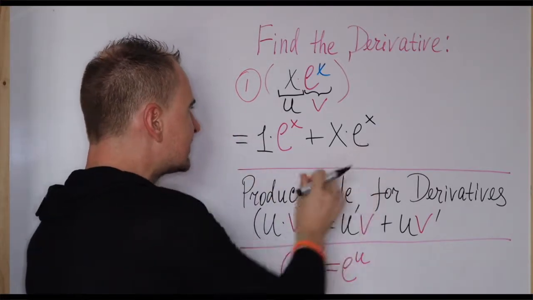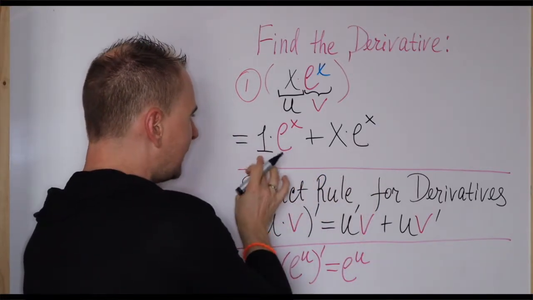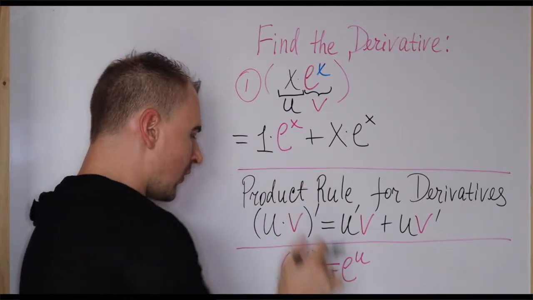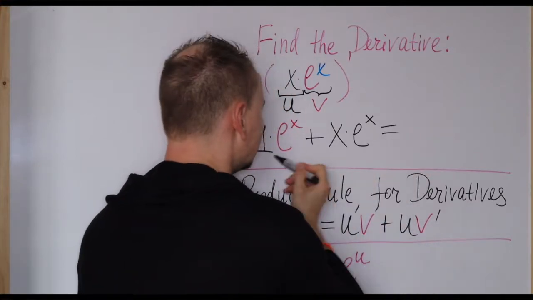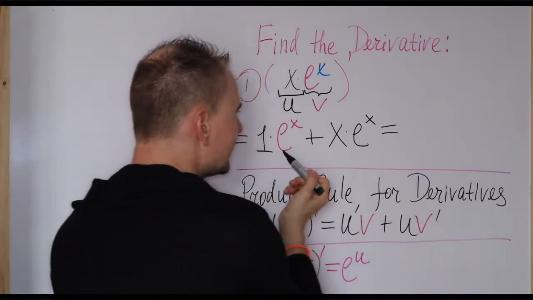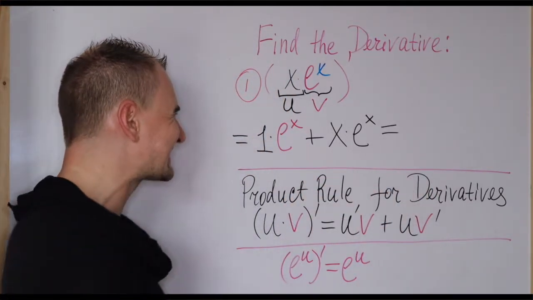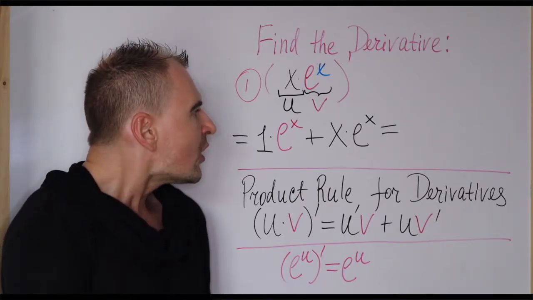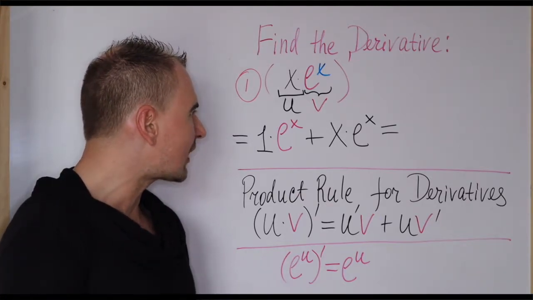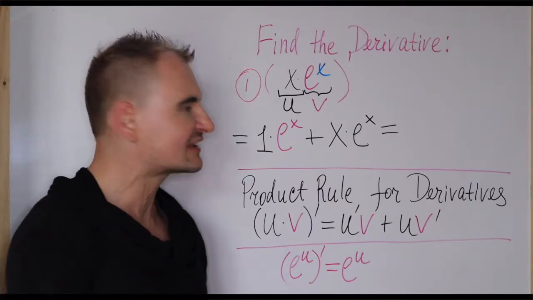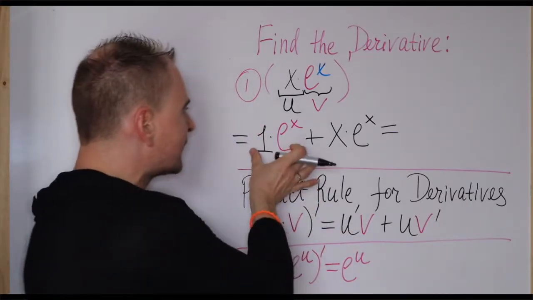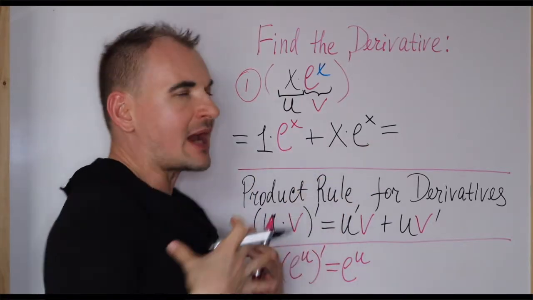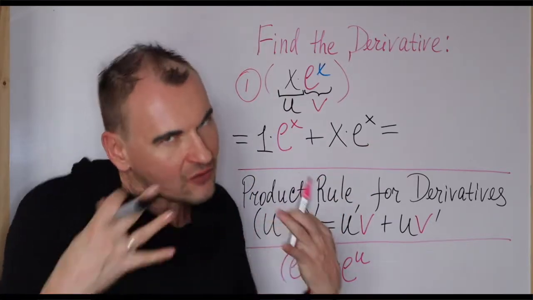This is your derivative. So normally we are going to ignore this one, neglect it, and I'm going to rewrite my final derivative. So it's going to be e to the x plus x times e to the x. Well, you could just simply write e to the x plus x e to the x, or you could factor out e to the x, since both of these terms contain this e to the x common factor.